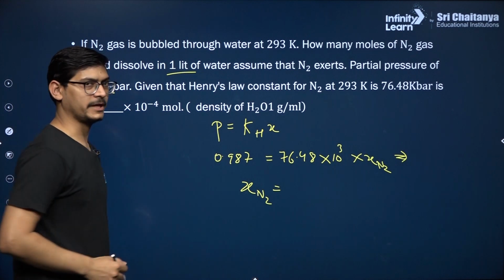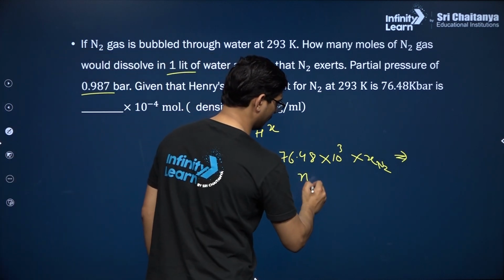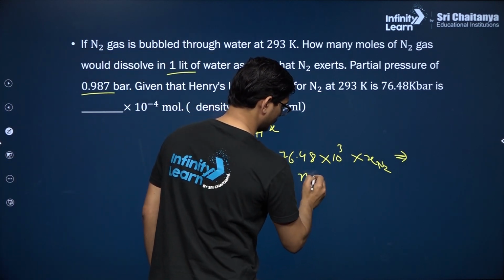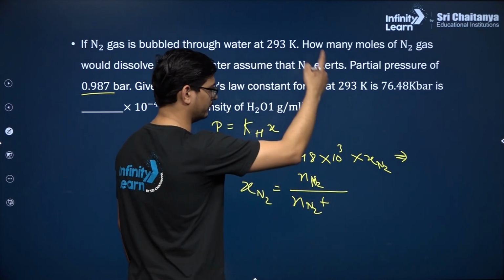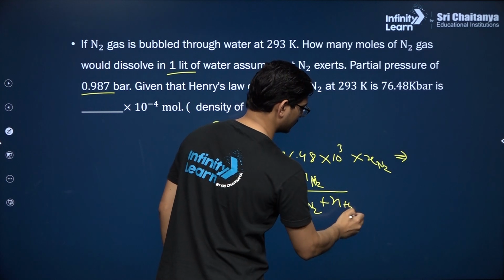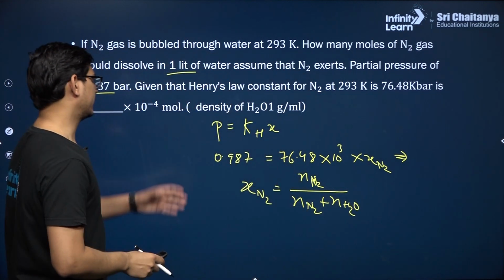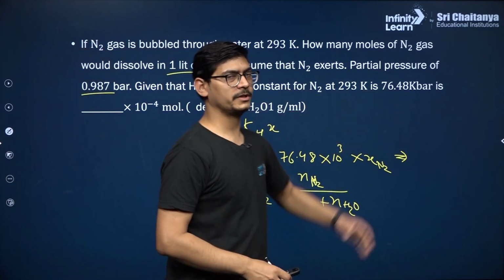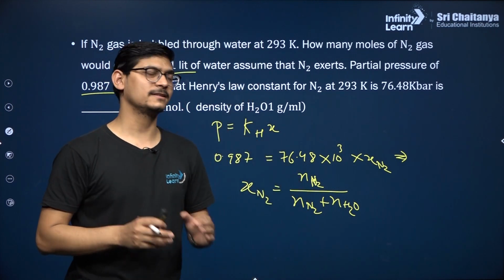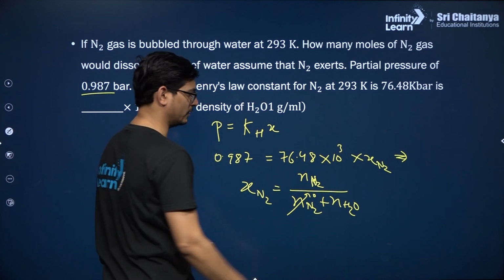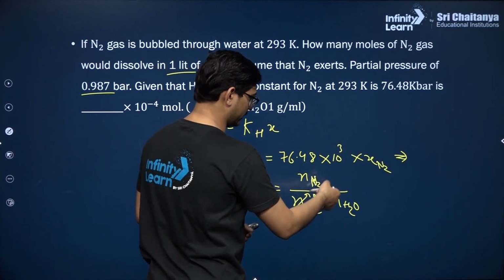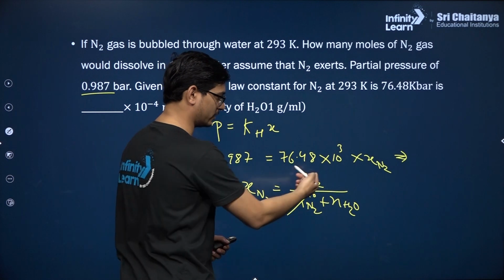Now the mole fraction of nitrogen is going to be equal to the number of moles of nitrogen divided by the number of moles of nitrogen plus the number of moles of water, because nitrogen is dissolved in water. Because the Henry's law constant is very high, the solubility of the gas will be very low. As a result, I can ignore the number of moles of nitrogen in the denominator, remember, not in the numerator.